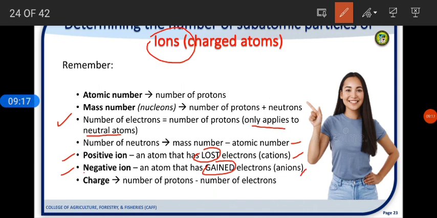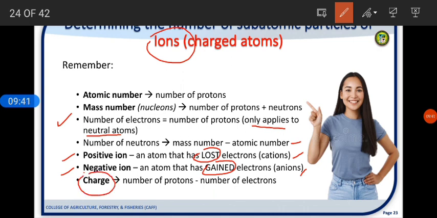Take note of those keywords. If the electrons are lost, it will become a positive ion called a cation. If an atom gained electrons, it will become negatively charged, a negative ion, and you call them anions.